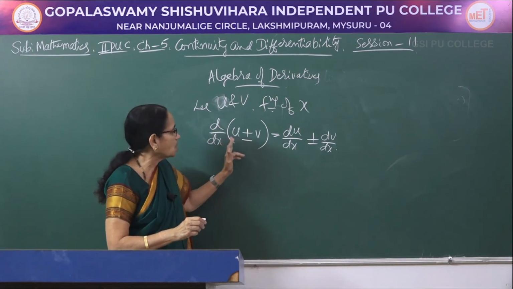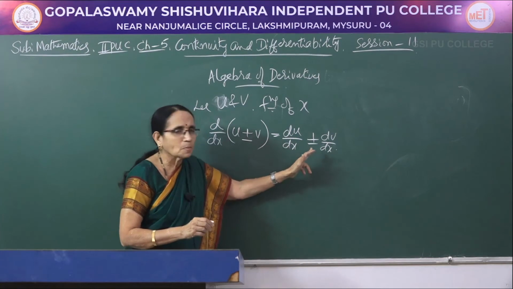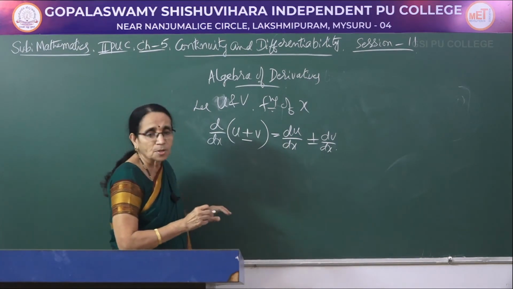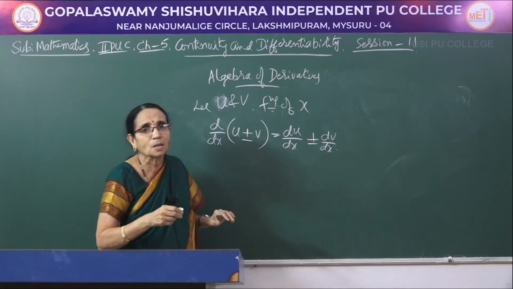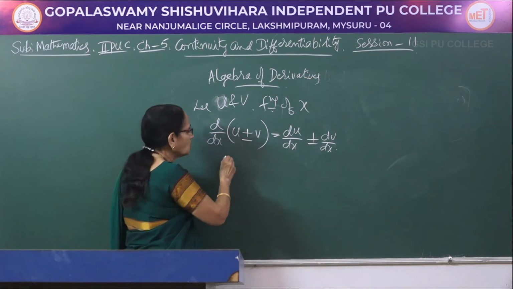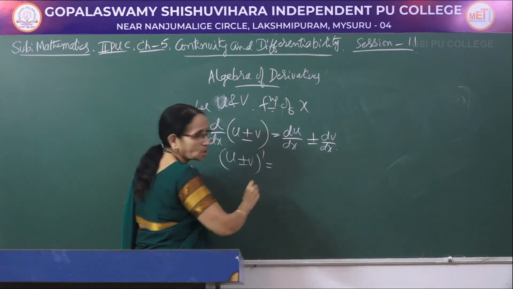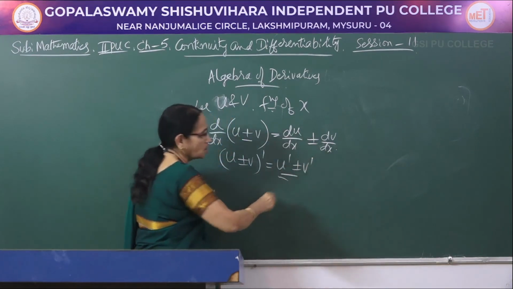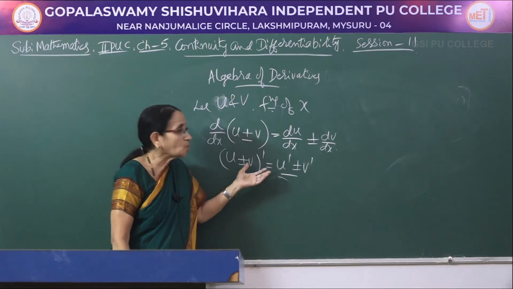So, d by dx of u plus or minus v would be du by dx plus or minus dv by dx. Sometimes we use dash, that is, I told you y dash is another notation for the derivative. So, if you write like this, (u plus or minus v) whole dash would be u dash plus or minus v dash. Both of them are correct, same thing only, I am writing in two different ways.